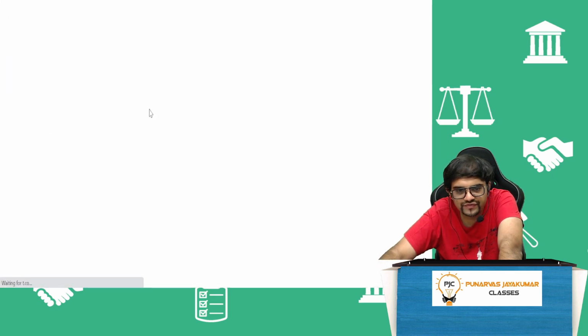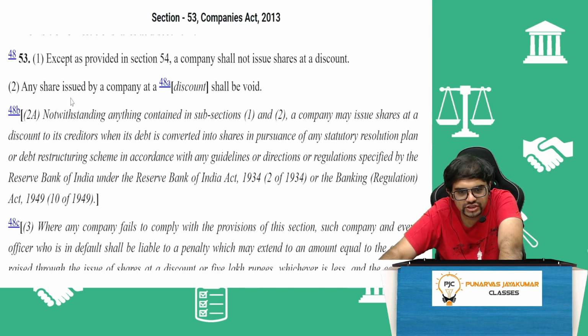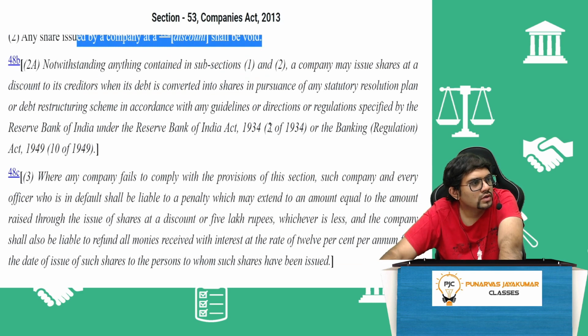There was a section 53 which said any share issued by a company at a discount shall be void. Narayan Murthy went to MCA and said, sir, I want to give free shares to my employees.